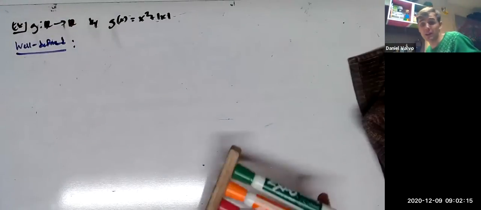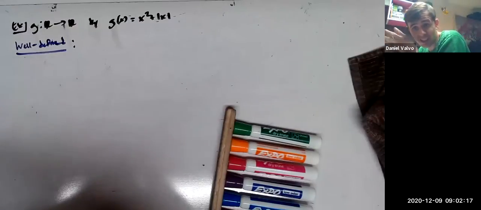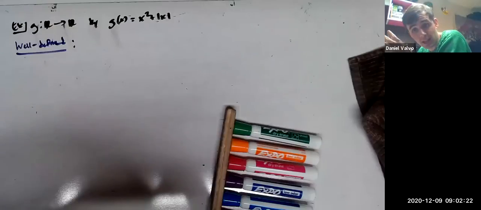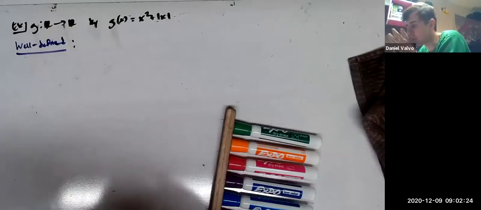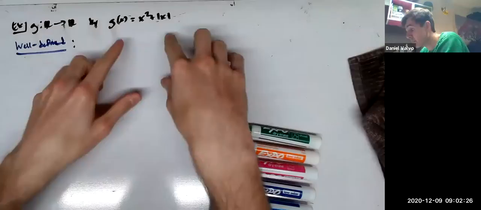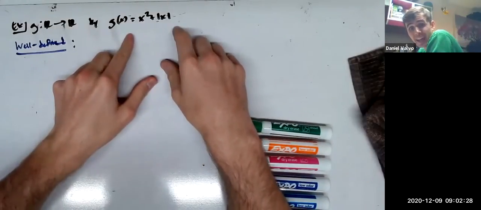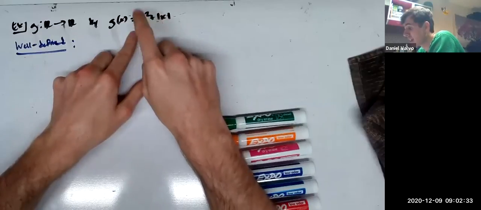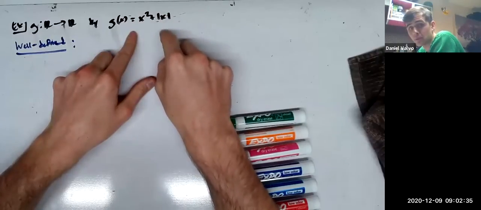Well, remember, well-defined means that for any possible input, there's exactly one output, meaning it's defined everywhere, but it does not have multiple outputs. And the good thing about this is functions will inherit the properties of their sub-functions. Here we have an x squared added to an absolute value of x.